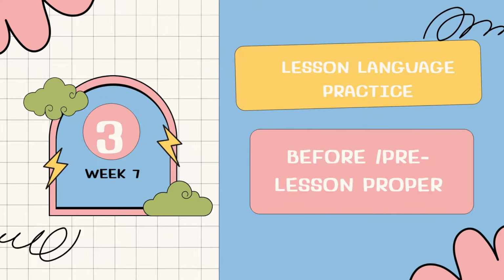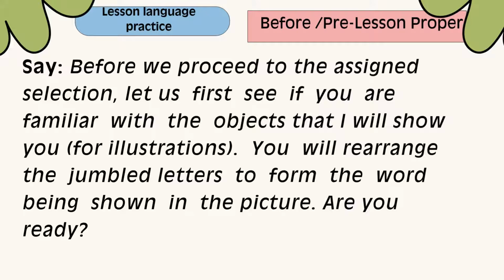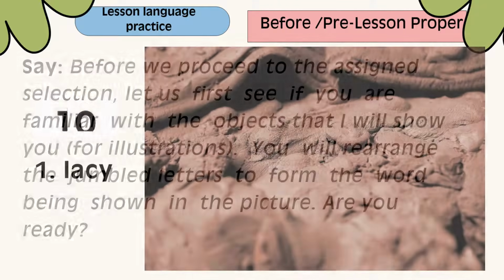Lesson language practice. Before we proceed to the assigned selection, let us first see if you are familiar with the objects that I will show you. You will rearrange the jumbled letters to form the word being shown in the picture. Are you ready? Let's get started!